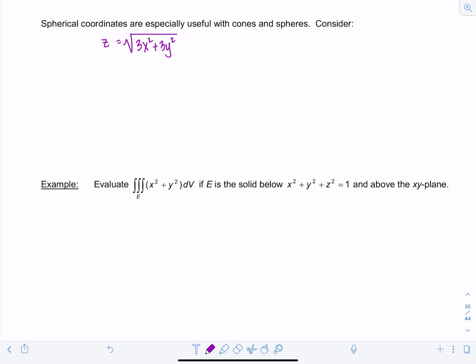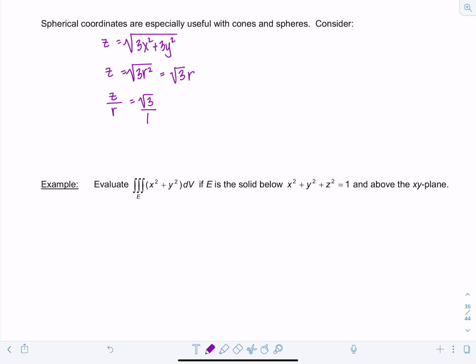Well, I know x squared plus y squared is r squared, so let's start there. So z is going to equal the square root of 3r squared, which is just rad 3 r, yes? Which means now z divided by r is equal to rad 3 over 1. Do you guys agree?